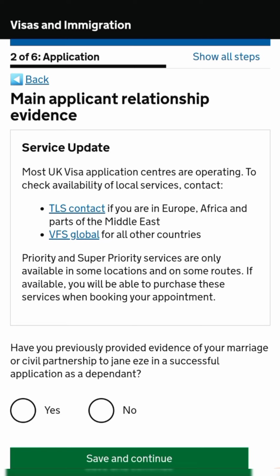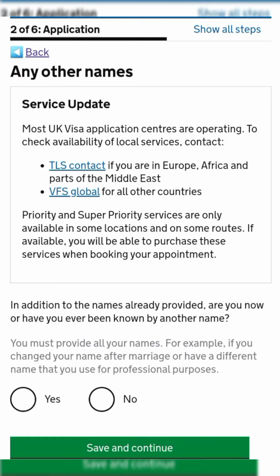If you have a successful visa as a couple, then go ahead and say yes, but if not, your answer is no. This is another question that causes a lot of confusion. It says, in addition to the names already provided, are you now or have you ever been known by another name? Now, some people have done name changes, probably due to marriage or for whatever reason. If you have done that, this is where you have to state that.